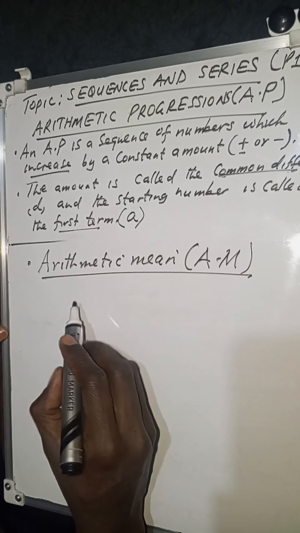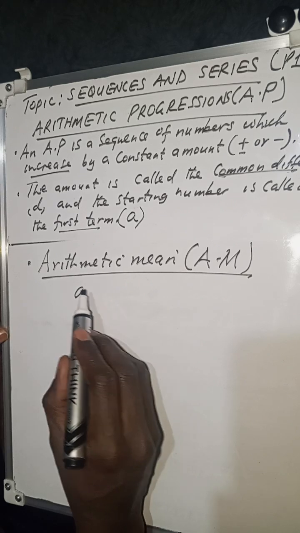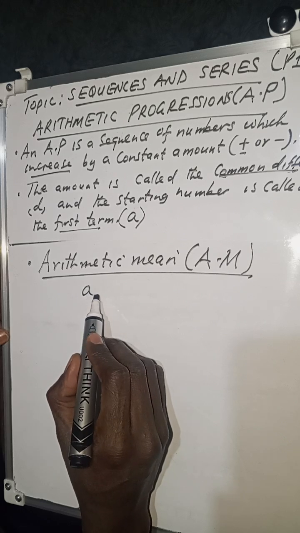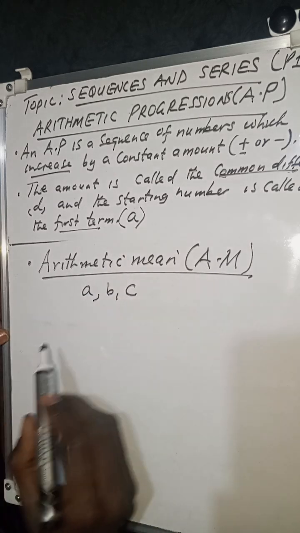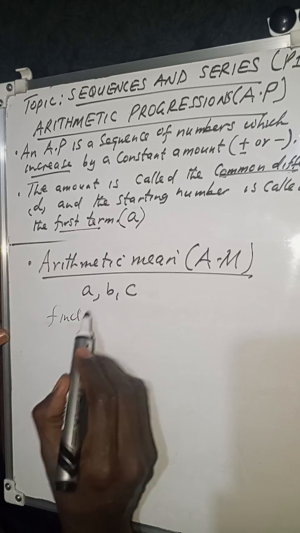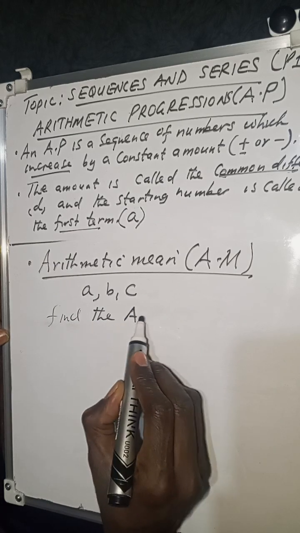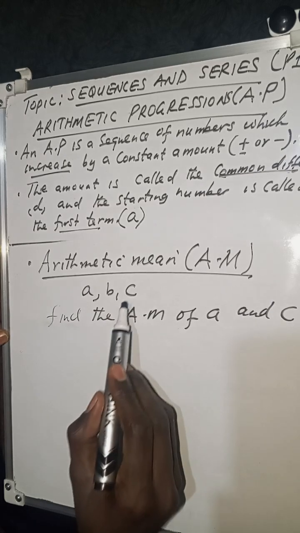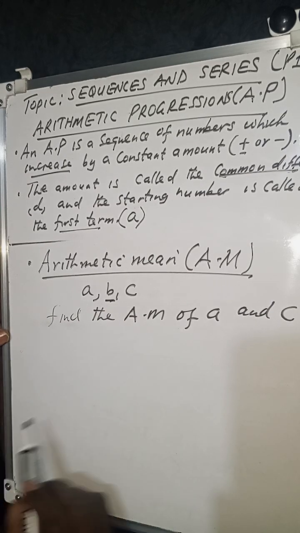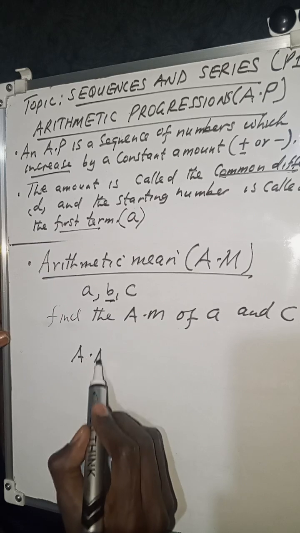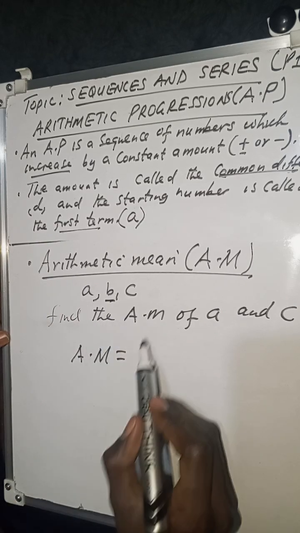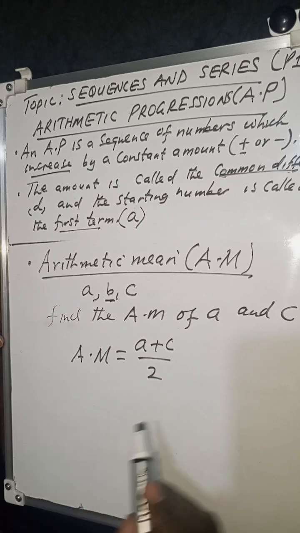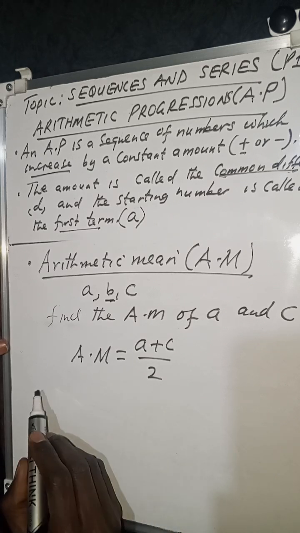For example, if you have the numbers A, B, and C, and I tell you to find the arithmetic mean of A and C. So imagine B is the middle number. So the arithmetic mean of A and C, you add A plus C, then you divide by 2.